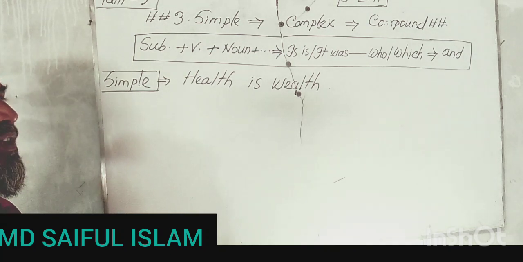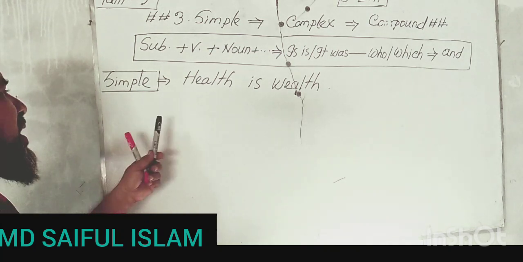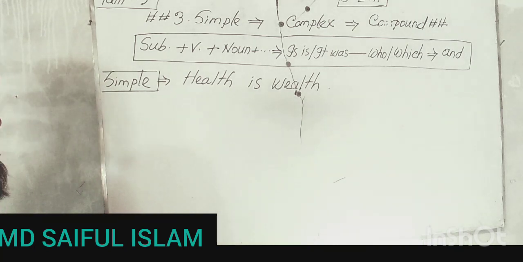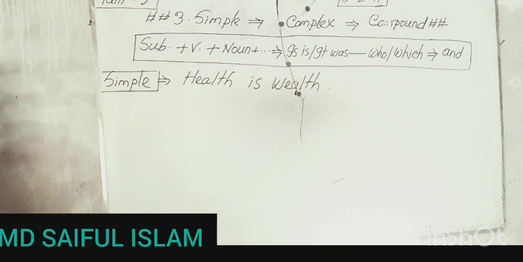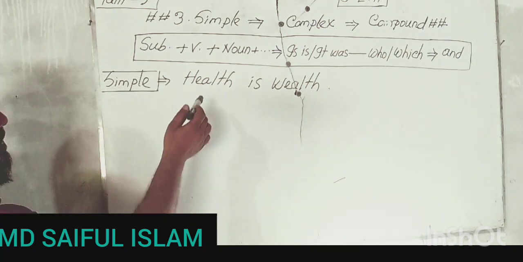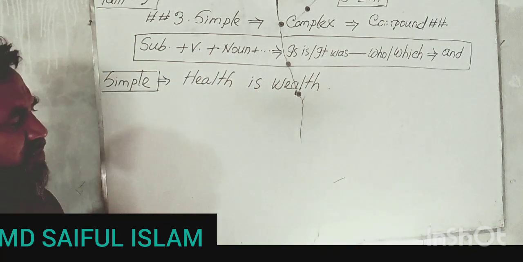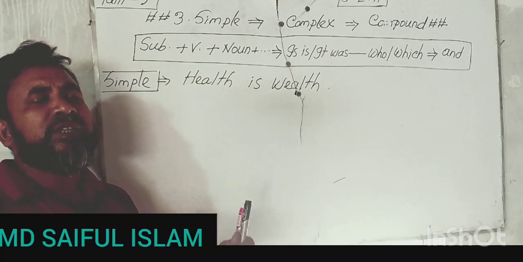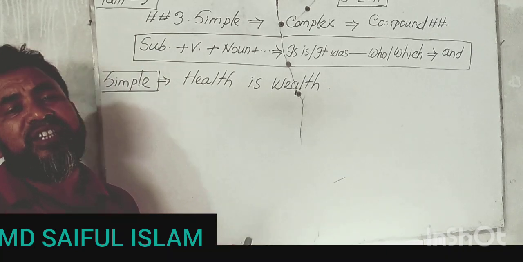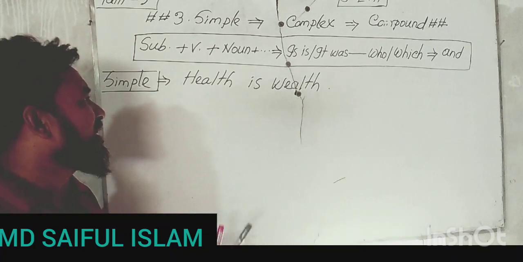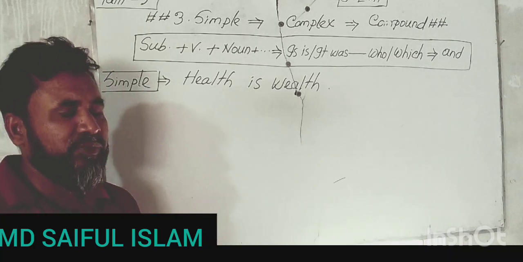Now your question may be: sir, why is this a simple sentence? Because, my dear viewer, this sentence possesses one subject and one finite verb. And of course, you know that according to the definition of a simple sentence, if any sentence possesses only one subject and one finite verb, it is a simple sentence.